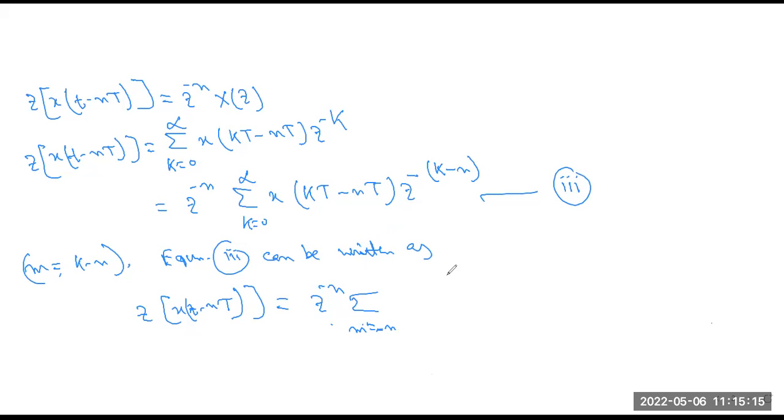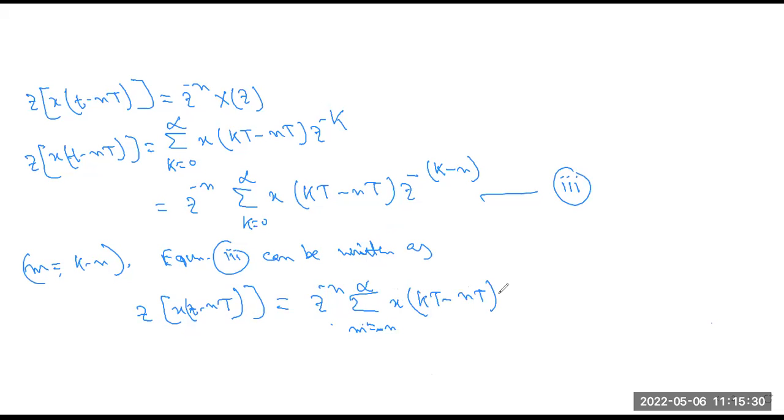That is m is equal to minus n to the power infinite. Okay, so the range is, you have to know, that is x of kT minus nT.